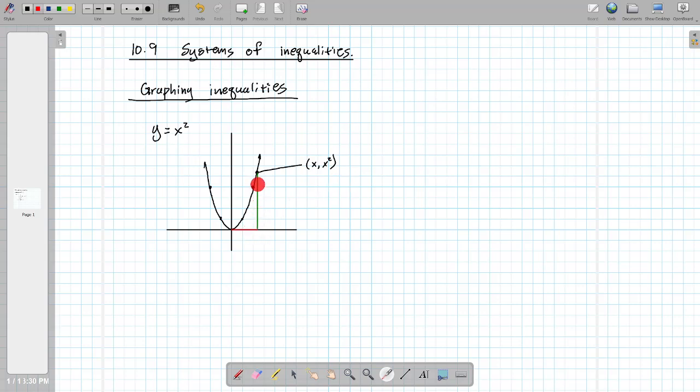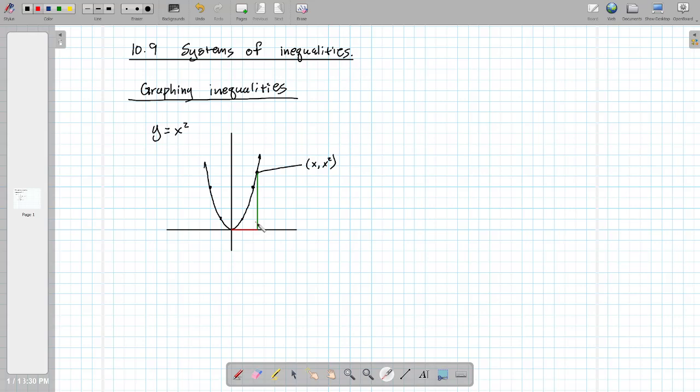And then y is the distance from the x-axis, and that's in the second location of the ordered pair. In this case, y is equal to x squared, so we have x squared. What this means is that this distance squared gives us this distance. This vertical distance is the square of this horizontal distance.